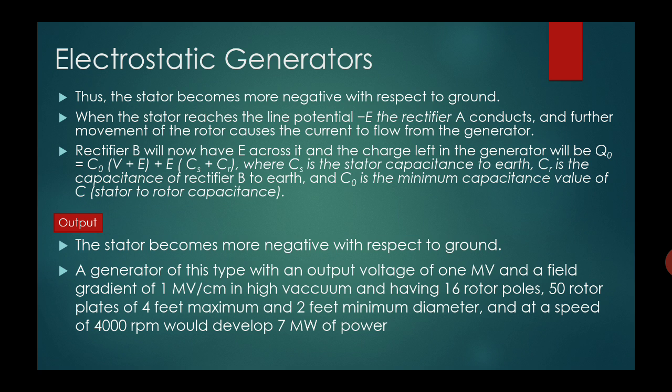When the stator reaches the line potential of minus E, the rectifier A conducts, and further movement of the rotor causes current to flow from the generator.